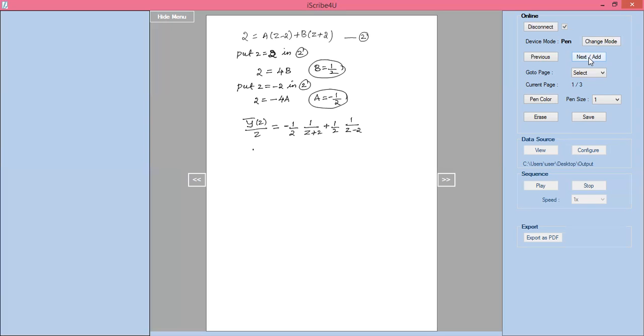Now y bar of z equals minus 1 by 2 into z divided by z minus of minus 2 plus 1 by 2 into z divided by z minus 2.